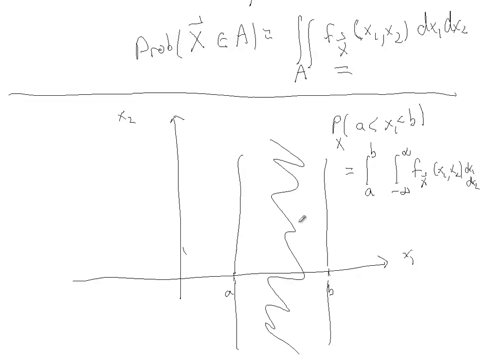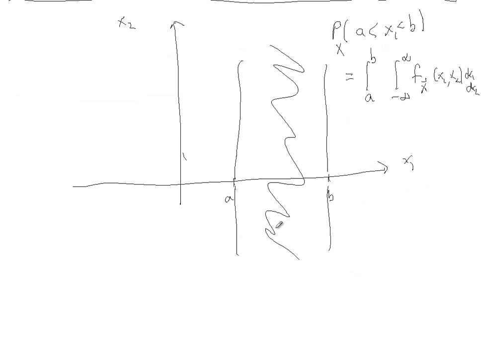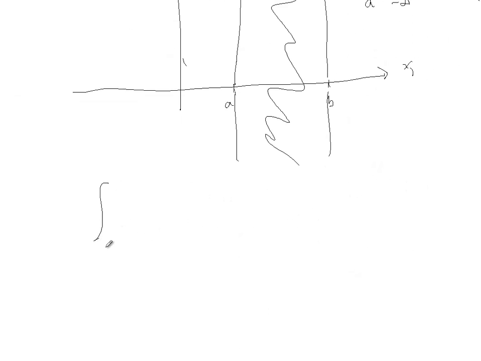Let me write it again down here so we can see it more clearly. Integral from A to B, integral from -infinity to infinity of f_X(x1, x2) dx2 dx1. I'm going to write the dx2 on the inside because that's the inner integral.